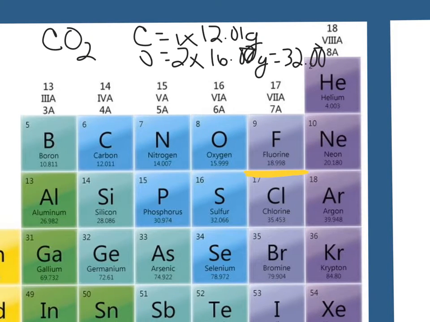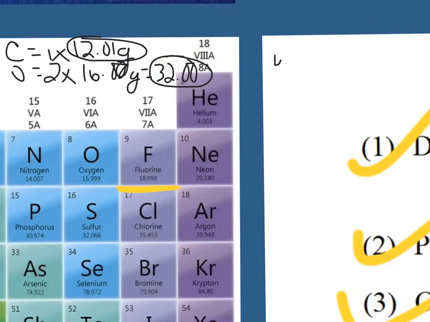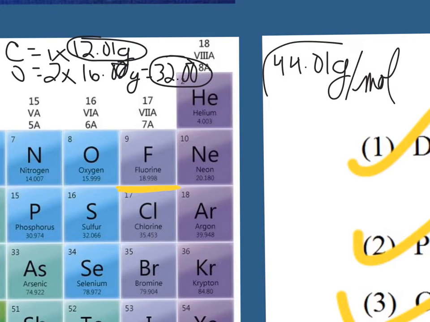Add together the 12.01 and 32.00, and I get my molar mass to be 44.01 grams per mole of molecules. So that's what I'm going to use. This is essentially my conversion factor right here.